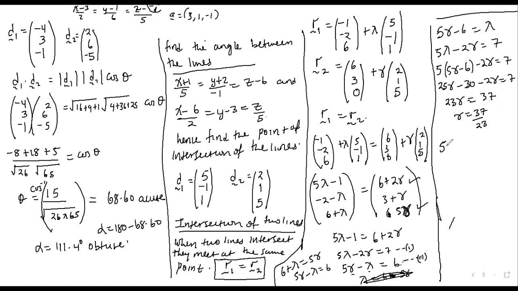So 5 gamma, which is 5 times 37 out of 23, minus 6 is equal to lambda. 37 times 5 is 185, minus 138, over 23 is equal to lambda. Therefore, lambda is equal to 47 over 23.